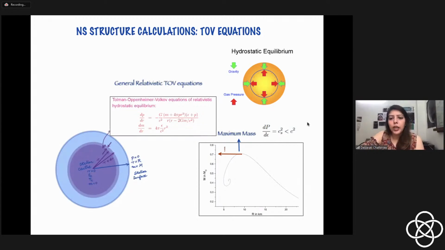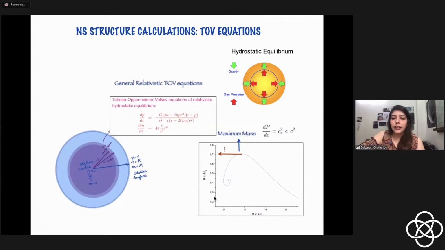So there is this constraint coming from relativity, which means that there is a certain maximum mass, and beyond this the mass starts to decrease. So this is the typical mass-radius relation of a neutron star. Now, funnily, the value we got for a free neutron gas is very low. It's just 0.7 solar masses.